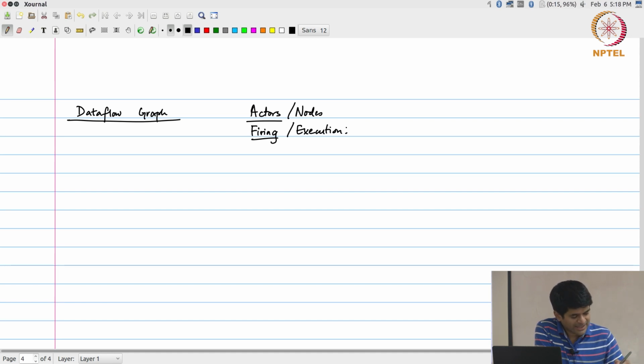An example of this for the case of the IIR filter would look something like this. There is one actor which I will mark as S, which is a source, and this source essentially produces the x of n as outputs. Where does that go?